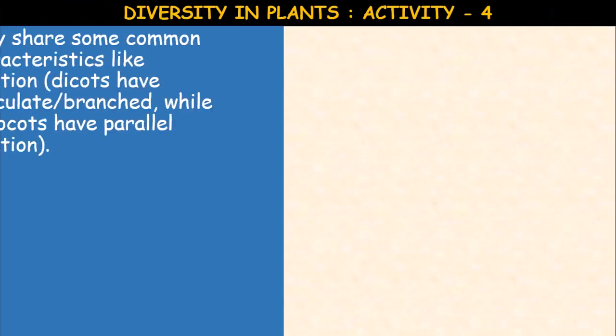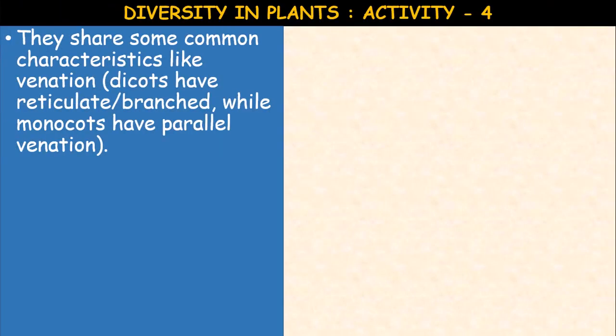Okay, let us continue the activity. They share some common characteristics like venation. Dicots have reticulate venation, that is branched, while monocots have parallel venation.